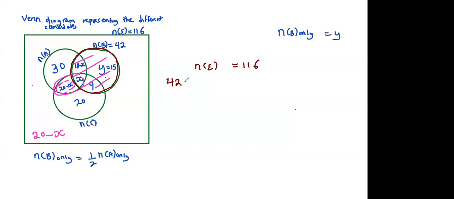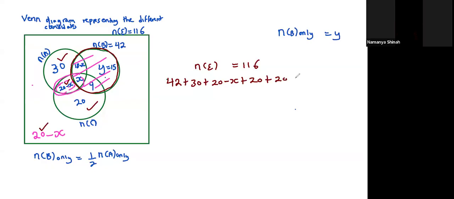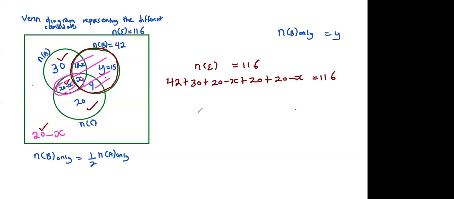So I'm going to say 42 plus, I'm remaining with this 30, plus I'm remaining with this part, which is 20 minus x, plus I have this one, which is 20, plus I have this outside, which is 20 minus x. Everything should give us 116. Now, when I reach here, I'm going to collect like terms.